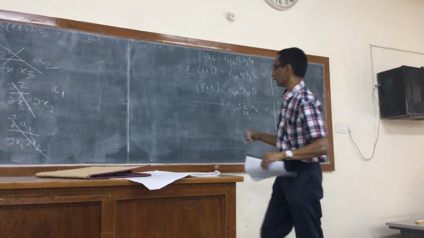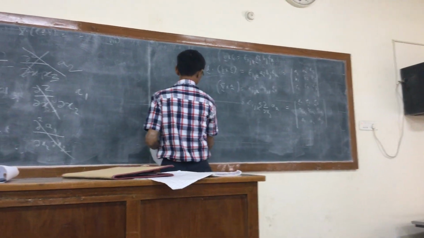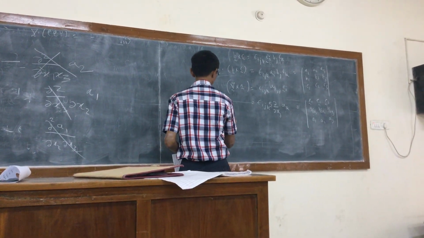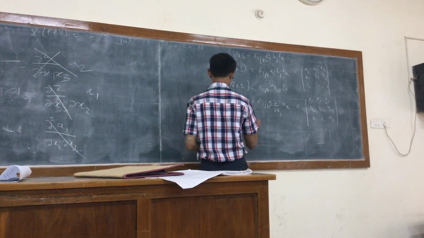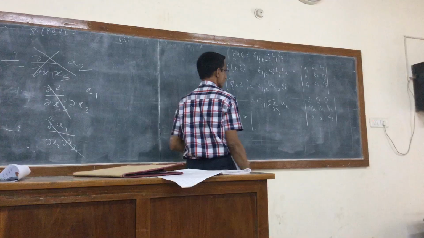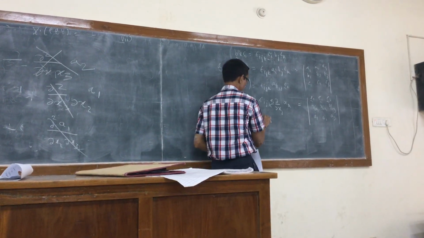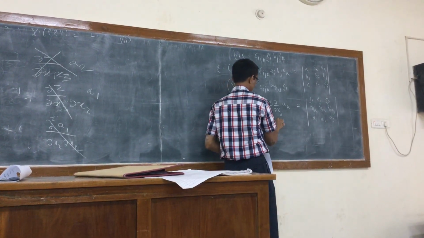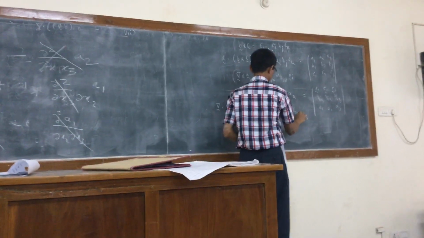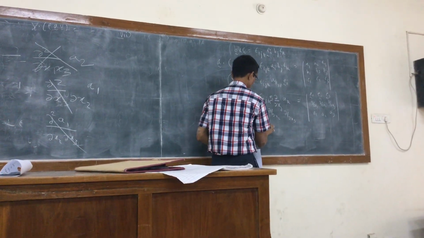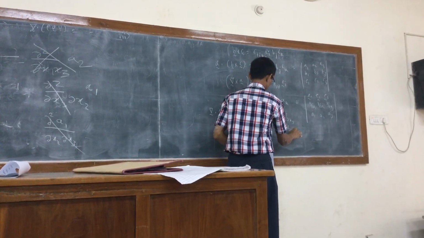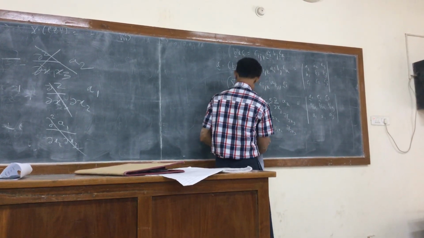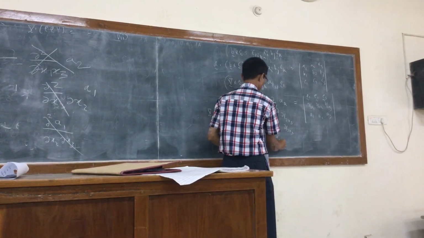Now, in the same way, I could argue, and it's actually easy to prove, that this would be given by the determinant with rows d by dx1, d by dx2, d by dx3, again d by dx1, d by dx2, d by dx3, and a1, a2, a3.